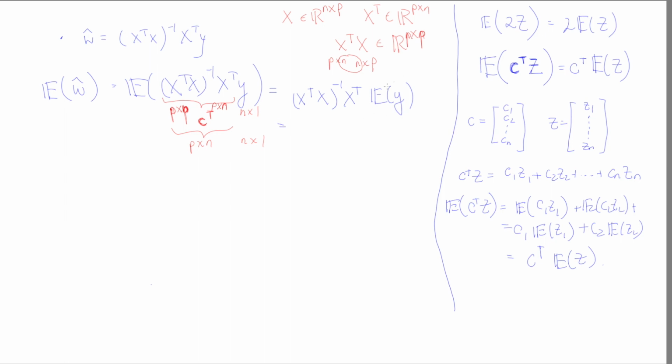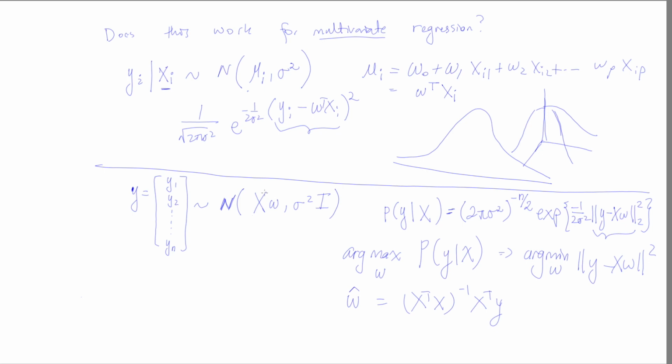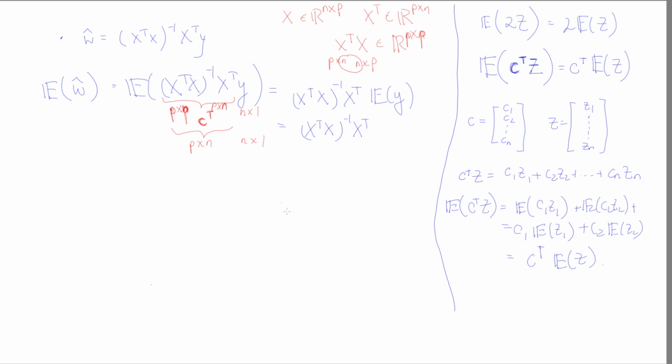And the expectation of y is, well, let's look back here. The multivariate assumption is that it's XW. Now hopefully you should notice that X transpose X multiplied by X transpose X inverse, these guys just cancel out to give you the identity, which leaves just W. So what does that tell us?